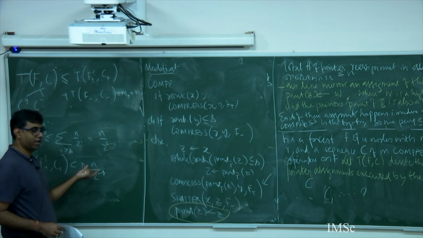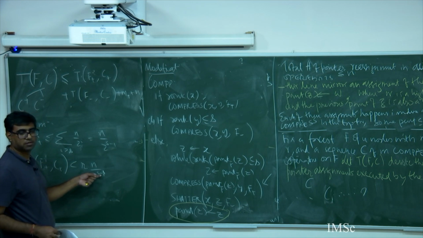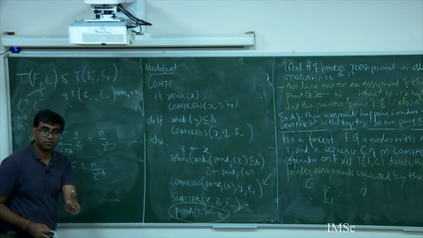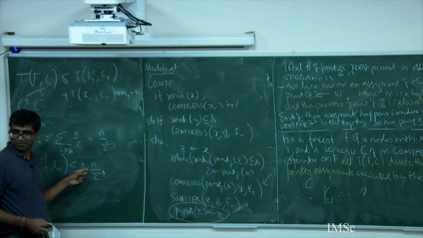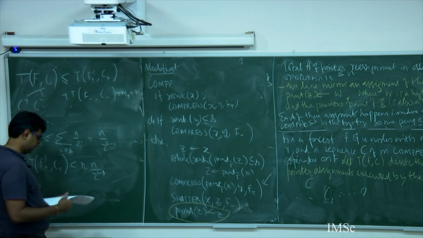This is less than or equal to n. I want to do this. Then S is roughly like log n plus 1, right? So not log n, log R, because I want to cancel R. So 2 power log R plus 1 is this, right?